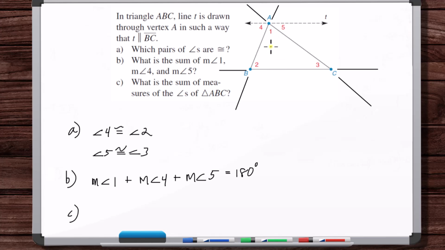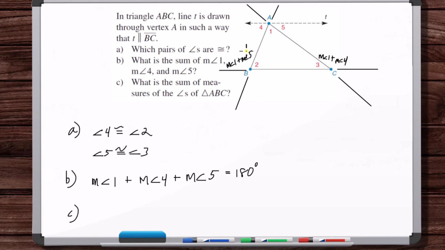So this is 1 plus 5, and this is 1 plus 4: the measure of angle 1 plus the measure of angle 5, and the measure of angle 1 plus the measure of angle 4.